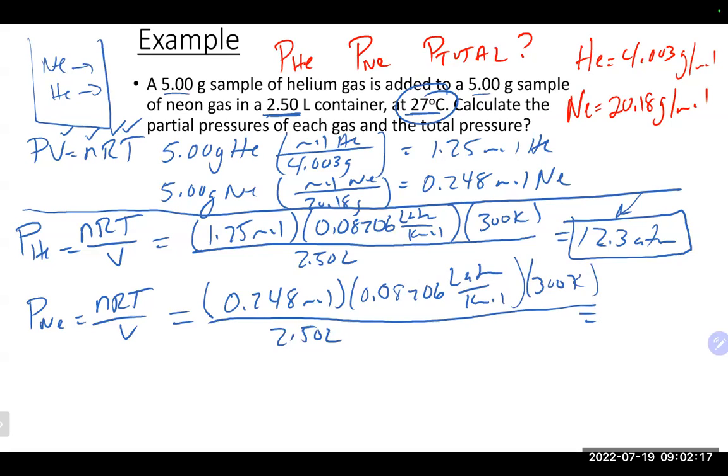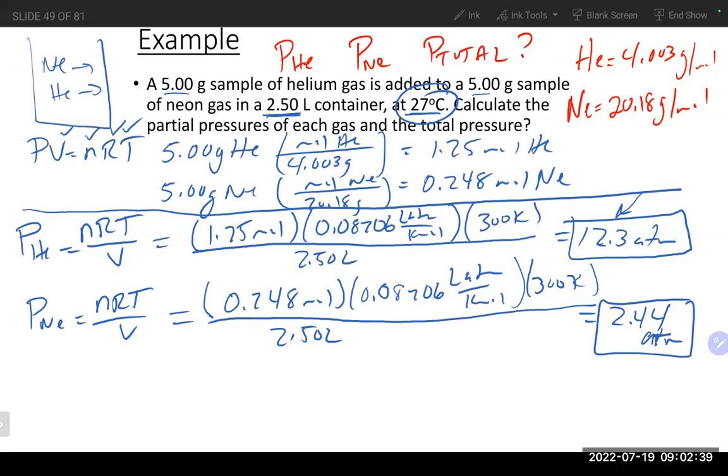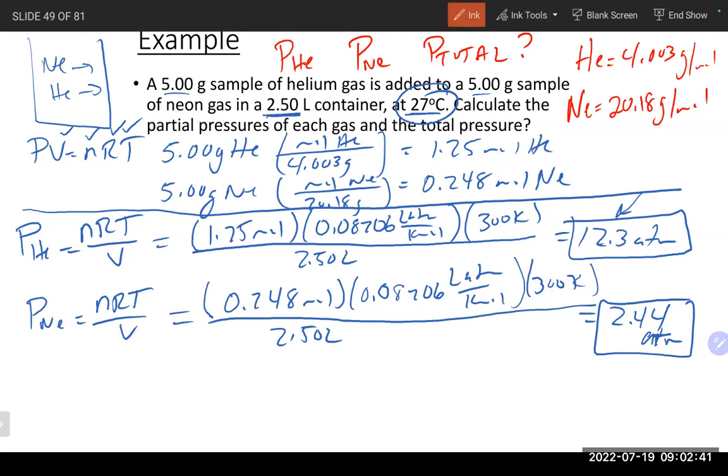And in this case, that gets us 2.44 atmospheres, and that would be considered the partial pressure of neon. Any questions up to there?